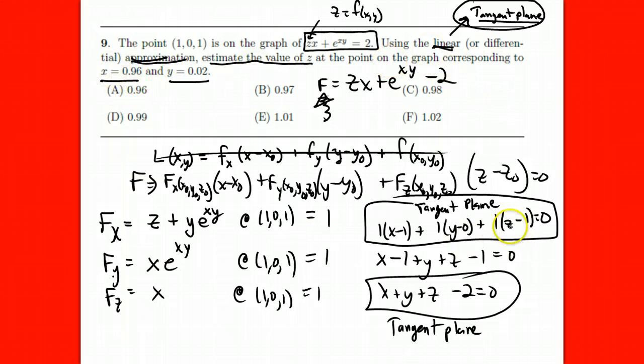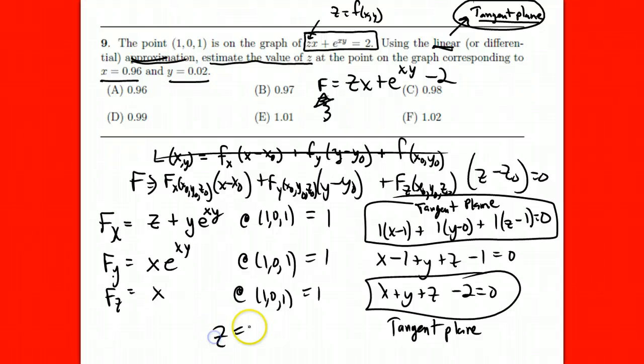According to this equation, the value of z is x plus y minus 2, apparently, I guess. If I plug this in, geez, what am I saying here?